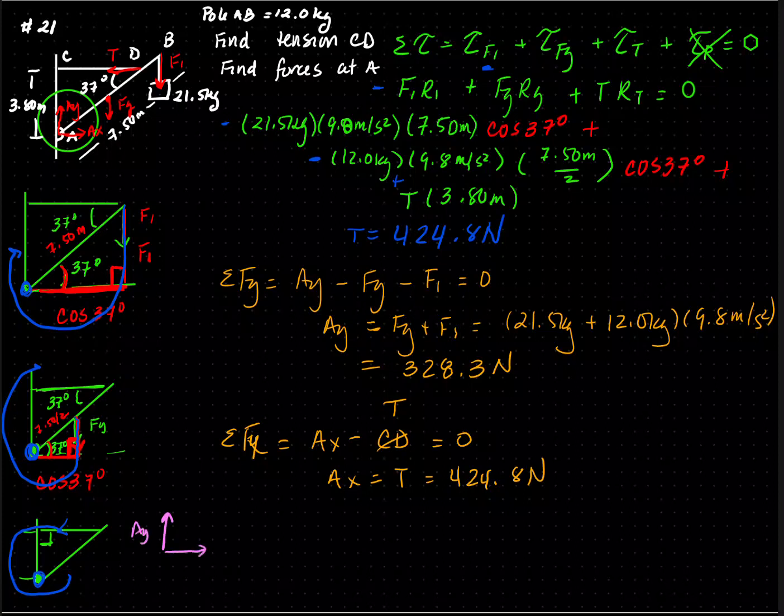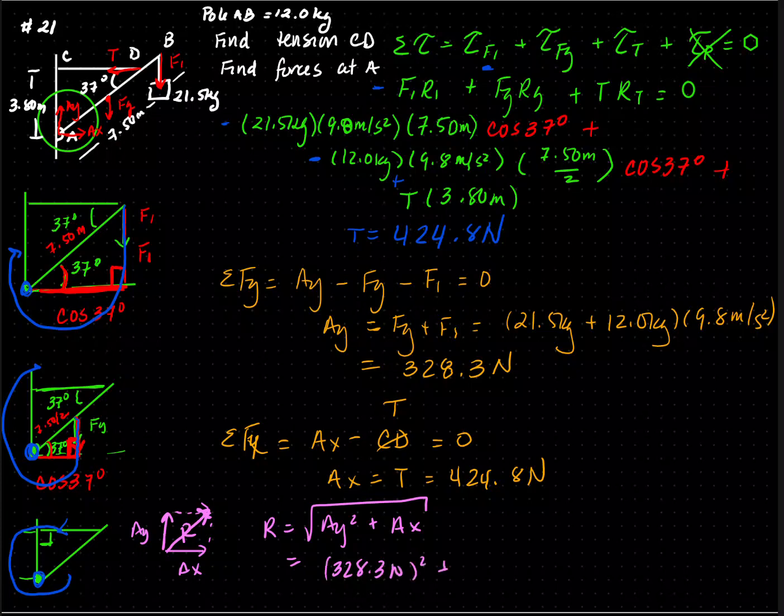We have a vector going to the right, which is Ax. If I do my parallelogram, my resultant starts from the tail to the tips. So my resultant is going to be Ay squared plus Ax squared, take the square root. Ay is equal to 328.3 newtons.